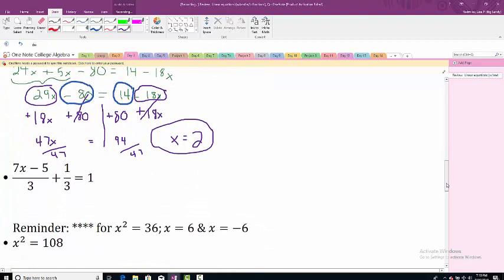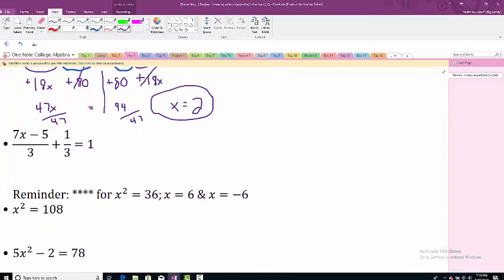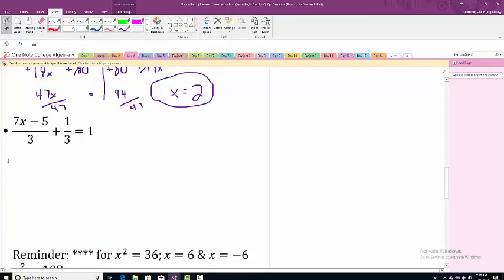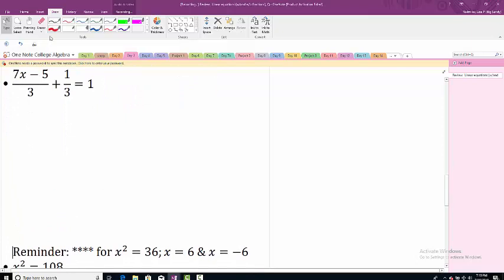There we go. Now let's do another one with fractions, but they're written a different way. So this one is like when I was saying that the fraction bar insinuates you do the top first and then you do the bottom. So this 7x minus 5 has to be done first in parentheses.